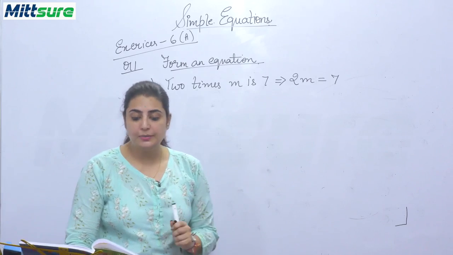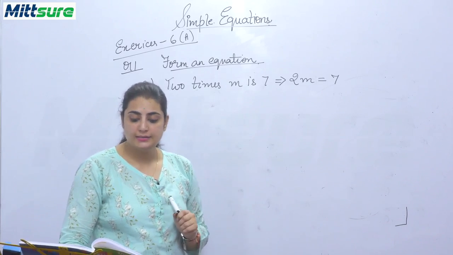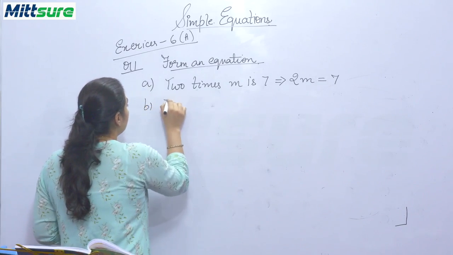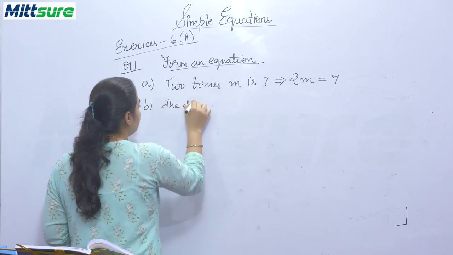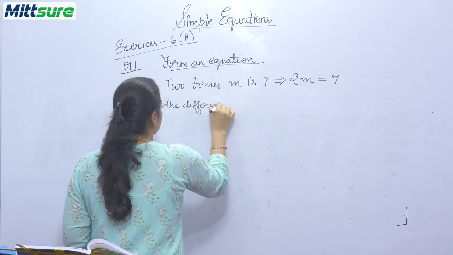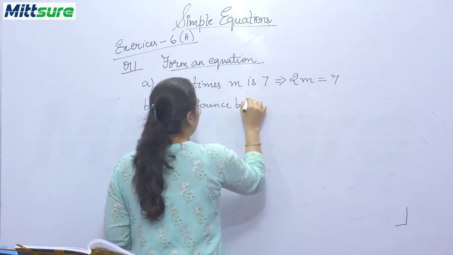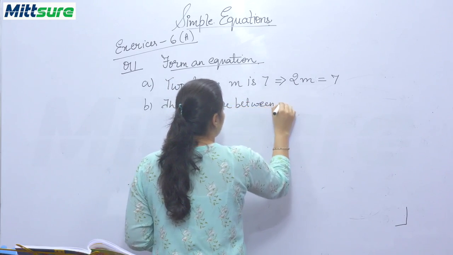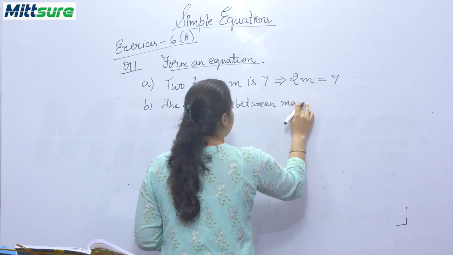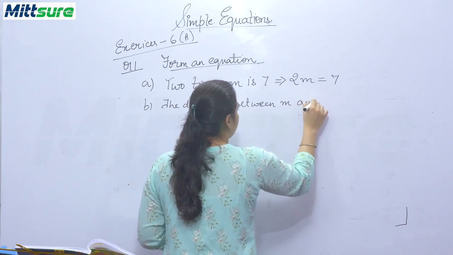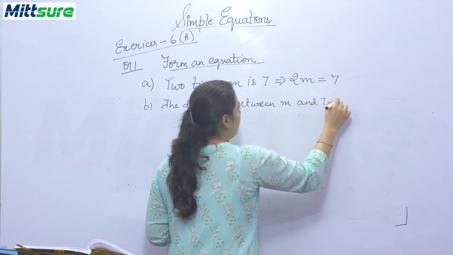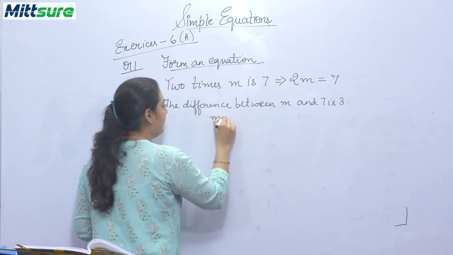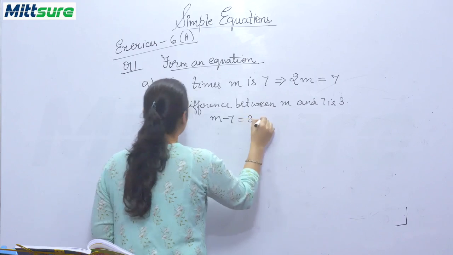Now the next part: the difference between m and 7 is 3. So the equation becomes m minus 7 equals 3.